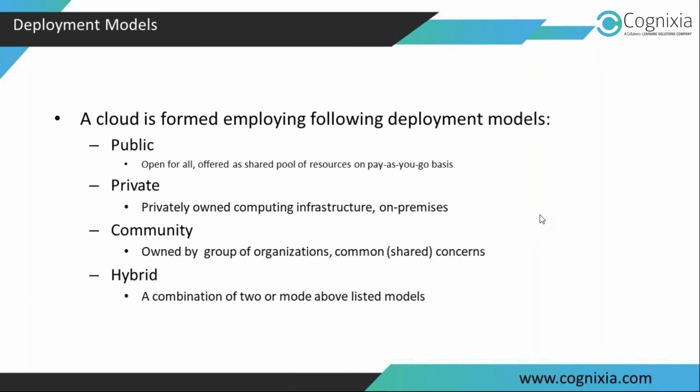For example, having a private infrastructure on premises and then this private infrastructure connected to a public cloud platform. This is a highly prevalent deployment model. As we are running short of time, I'll not talk more about this, but I'm just giving you an insight: hybrid is the prevalent deployment model or architecture.